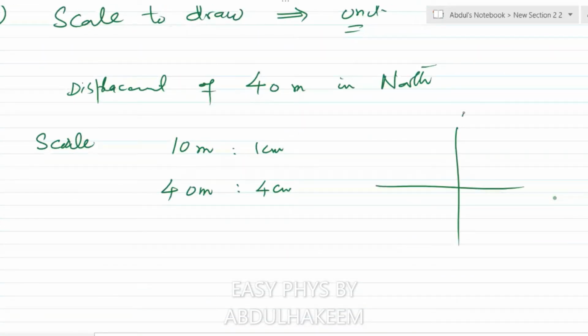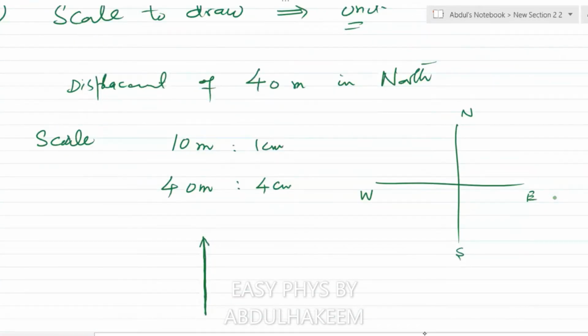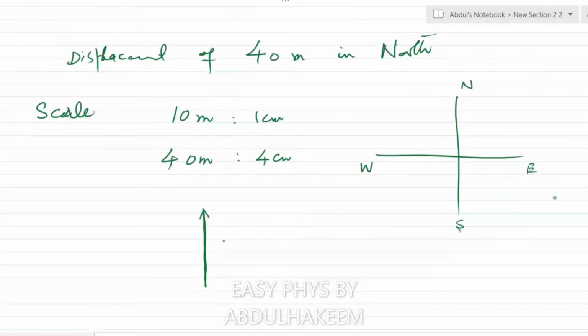These are the geographical directions: north, south, east, and west. North means a 4 centimeter line in the north direction, and then the arrow here. So this is your vector representing the displacement of 40 meter. Its length is 4 centimeter in north direction.